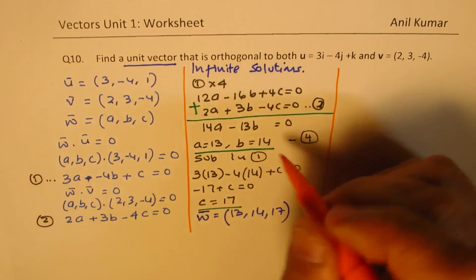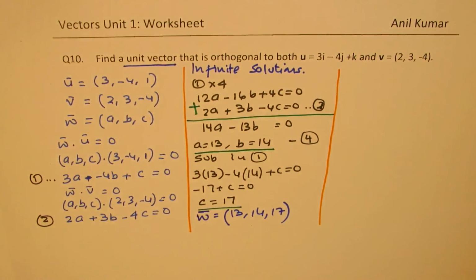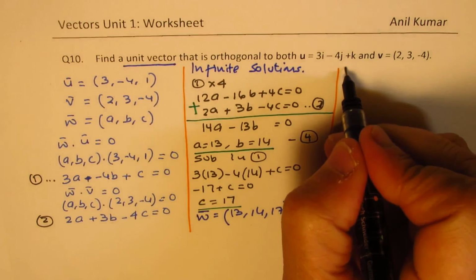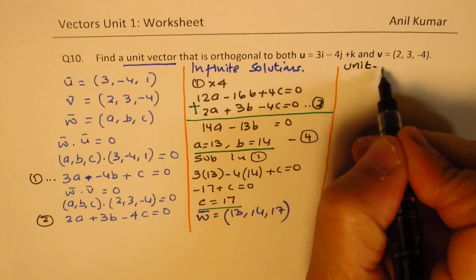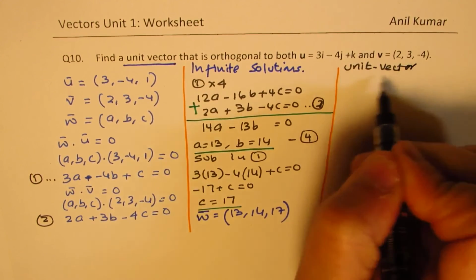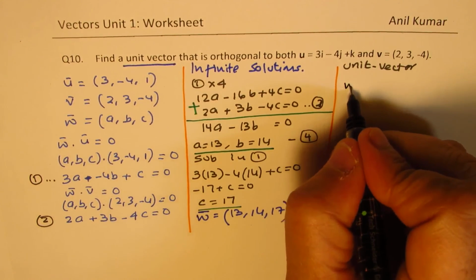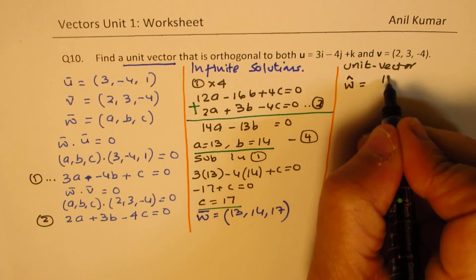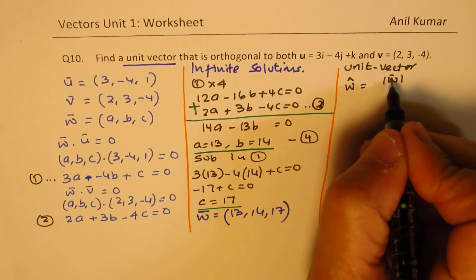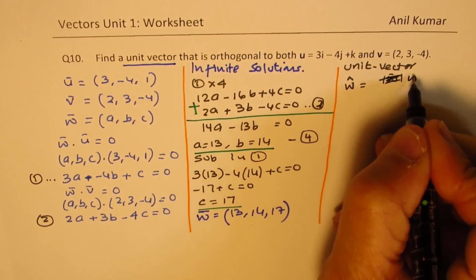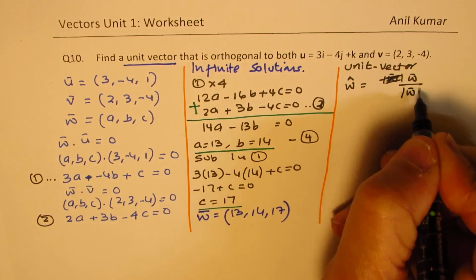Now that is the vector, not the unit vector. We need to now find the unit vector. How do we do so? A unit vector has a magnitude of 1, right? So the unit vector will be the vector itself over its magnitude.